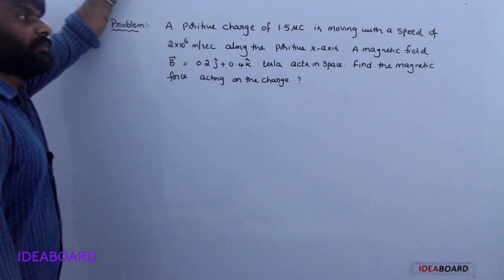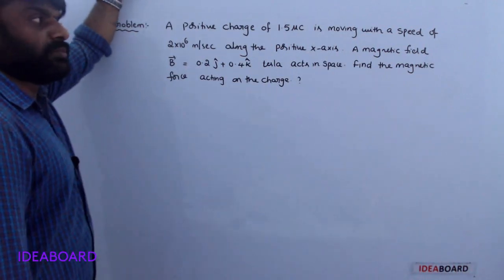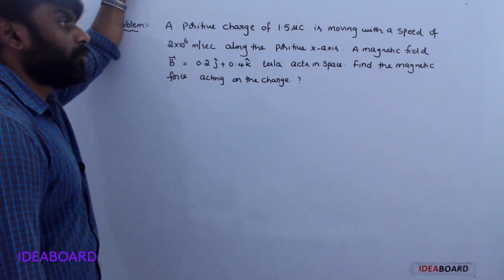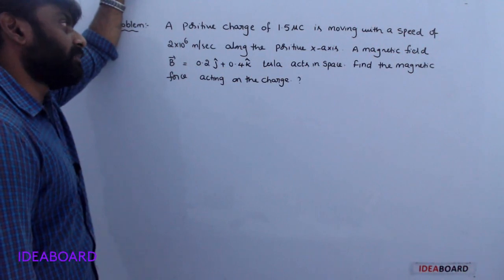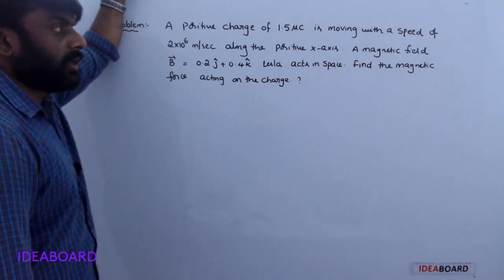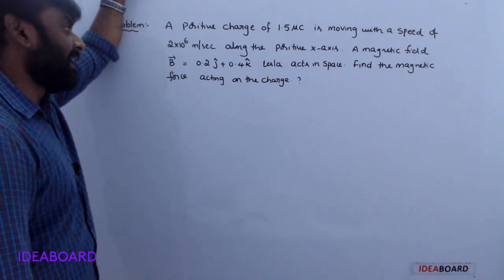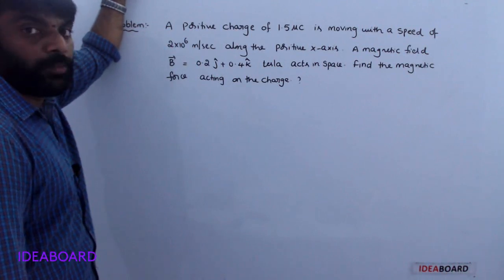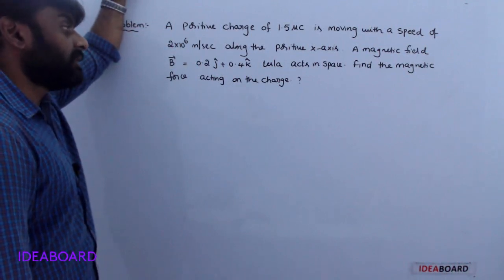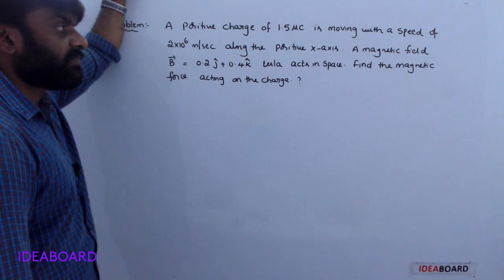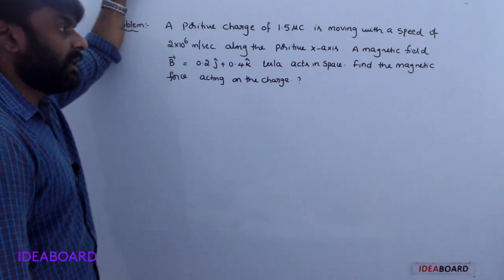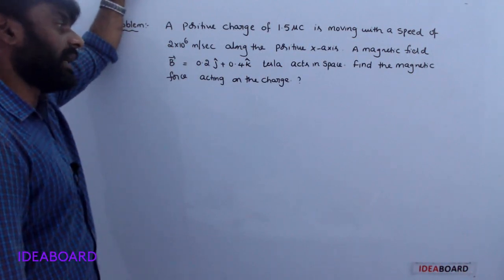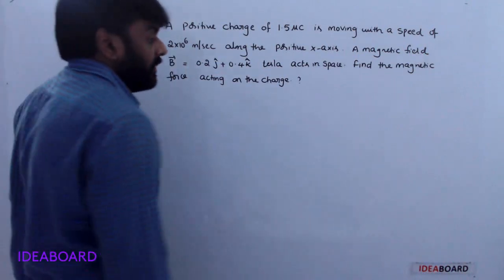Now, a positive charge of 1.5 microcoulomb is moving with a speed of 2 into 10 to the power of 6 meter per second along the positive x-axis. A magnetic field B bar is equal to 0.2 J cap plus 0.4 K cap Tesla acts in space. Find the magnetic force acting on the charge.